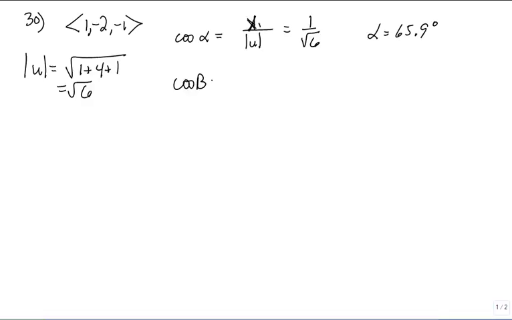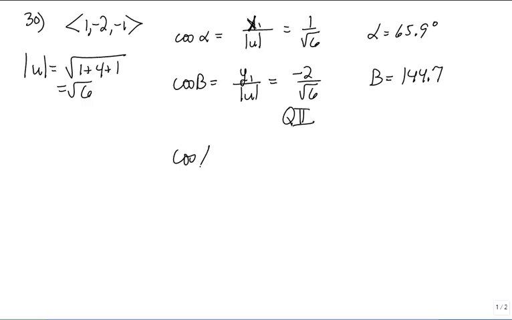Cosine beta is x2 over u, which is negative 2 over the square root of 6. I guess we'll just call that y1. So beta is 144.7. Remember, since cosine is negative, this is in quadrant 2.